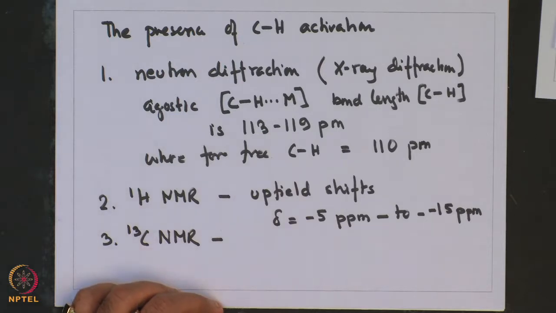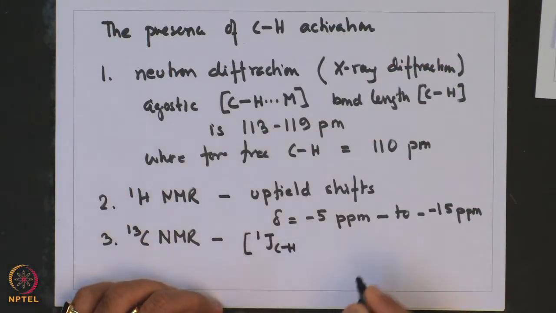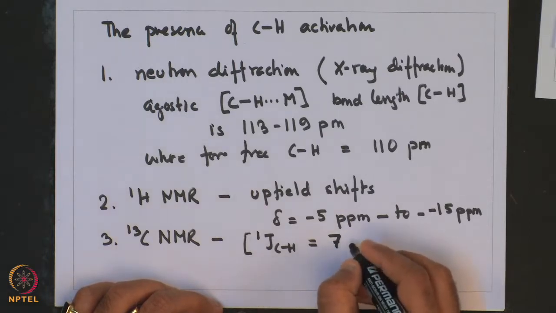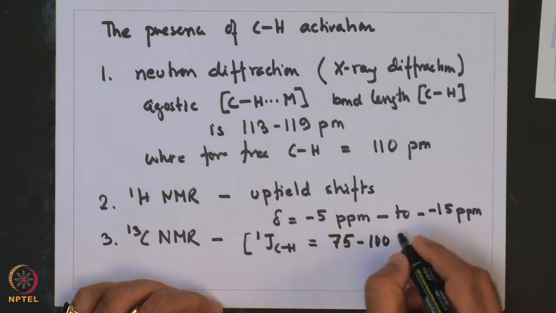As mentioned earlier, Agostic interaction leads to weakening in the CH bond, which results in lowering of the coupling constants, and that can be observed in carbon 13 NMR, where the 1J CH coupling constant, the reduced coupling constant, can be something around 75 to 100 hertz.